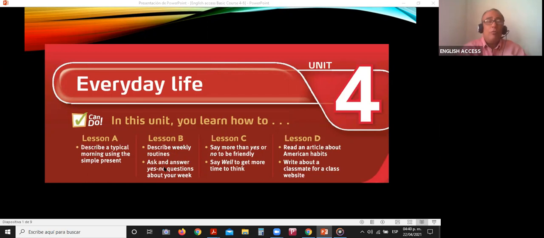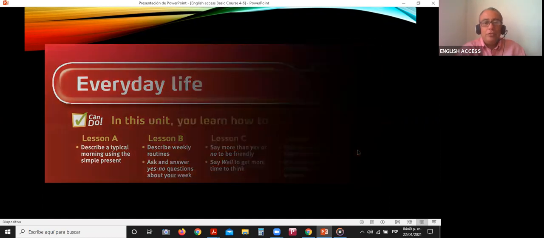And we are going to move forward maybe to lesson C with some phrases that we can use to sound more friendly when we are speaking, not only saying yes or no, but more phrases. Let's review what we have learned during this unit.